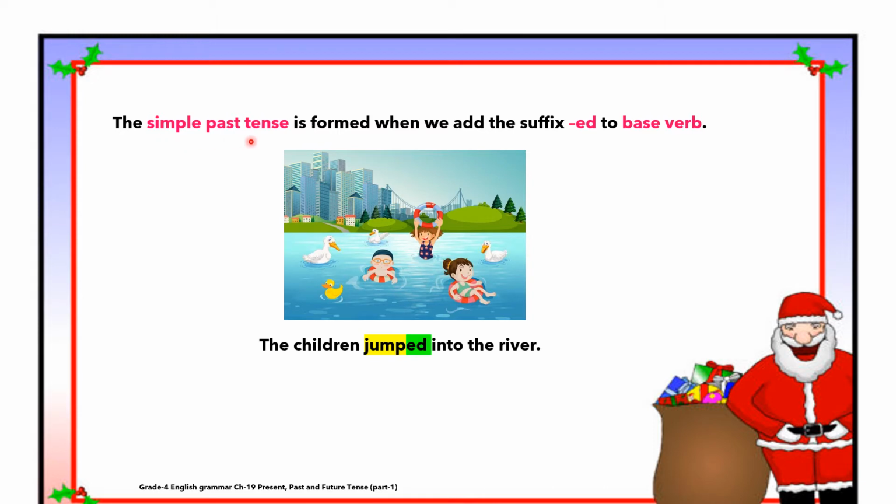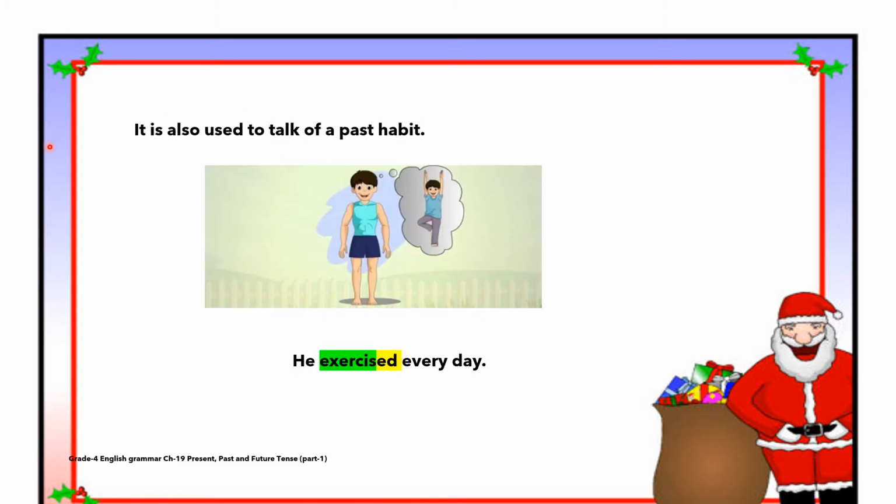The simple past tense is formed when we add the suffix ed to the base verb. For example, the children jumped into the river. Now, in this sentence, jumped tells us that the action has happened in the past.